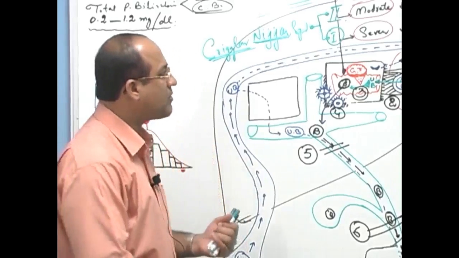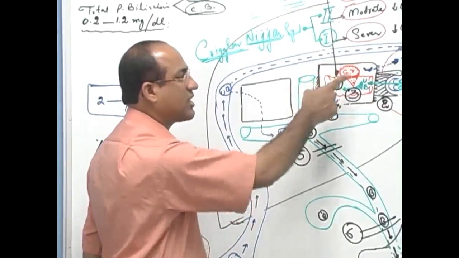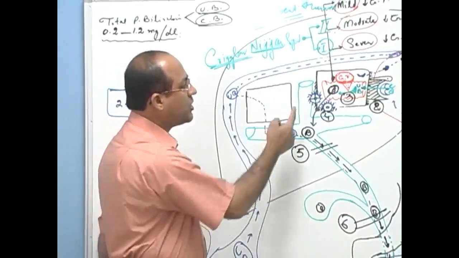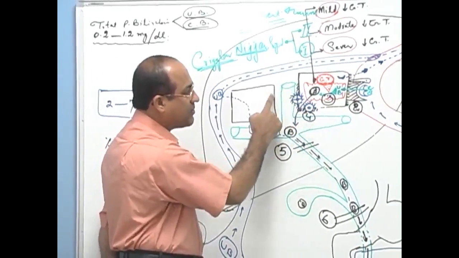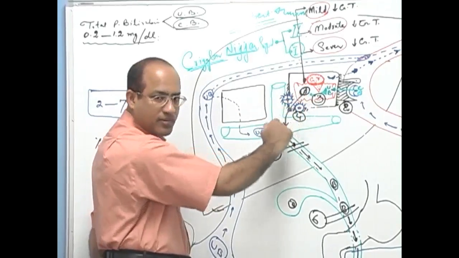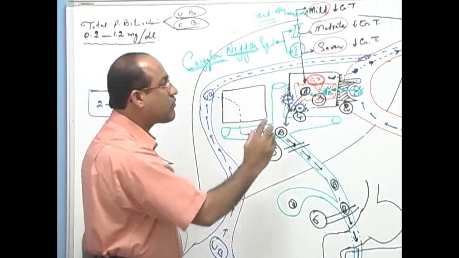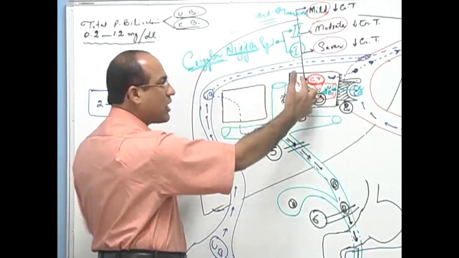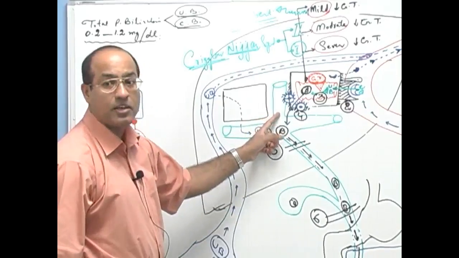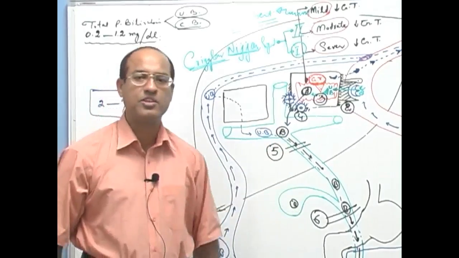When you have inflamed and dysfunctional cells, number one, they will conjugate poorly. Number two, their membranes become defective and they will not secrete the conjugated bilirubin properly. Inflamed cells also swell up and compress the biliary canaliculi, and there will be intrahepatic cholestasis. Let me repeat it again.